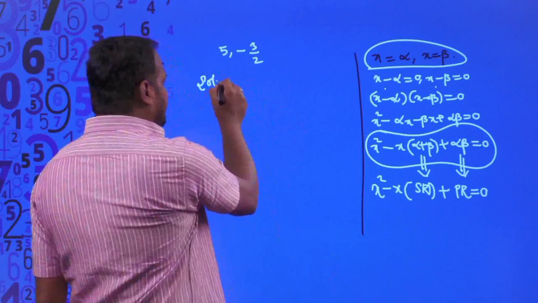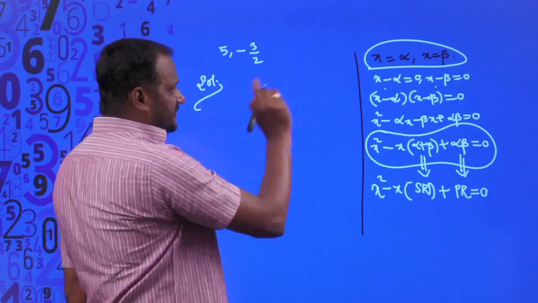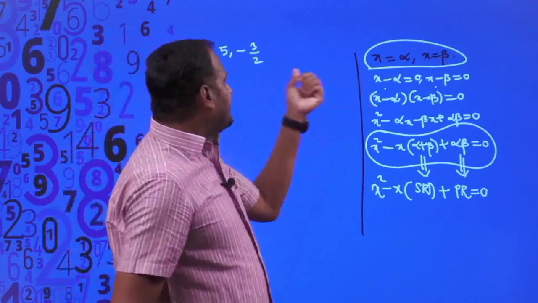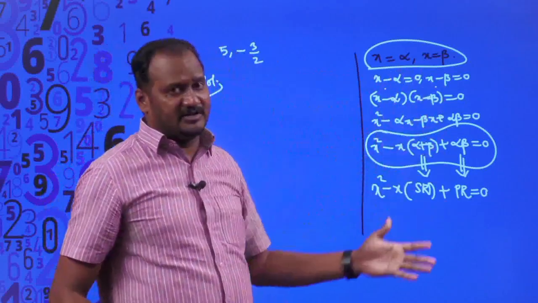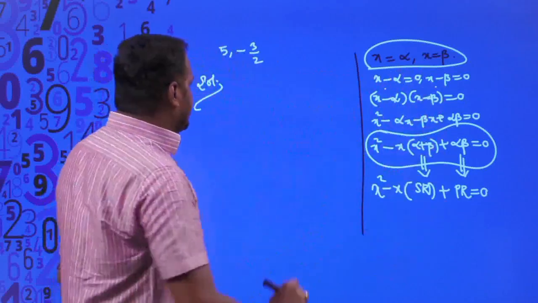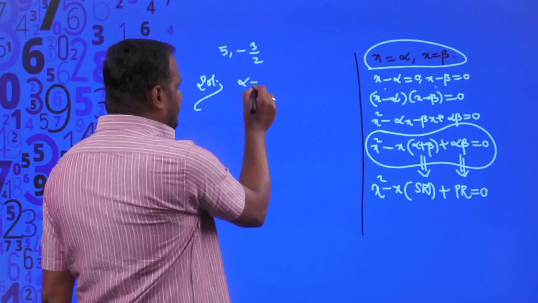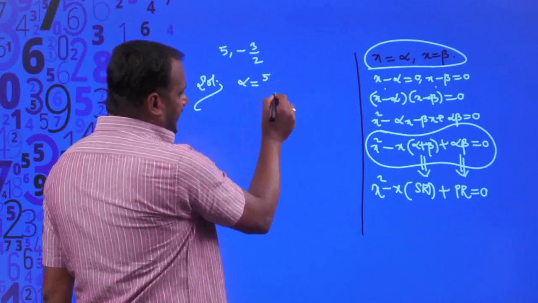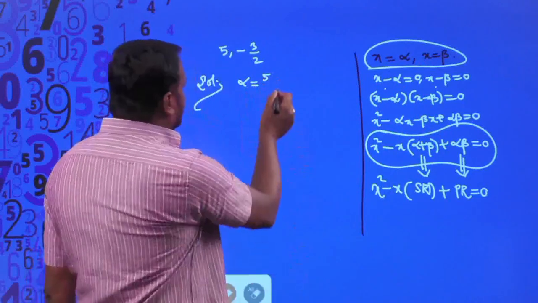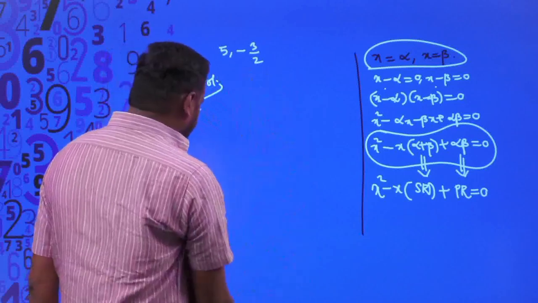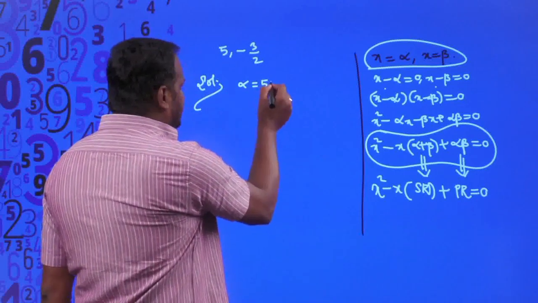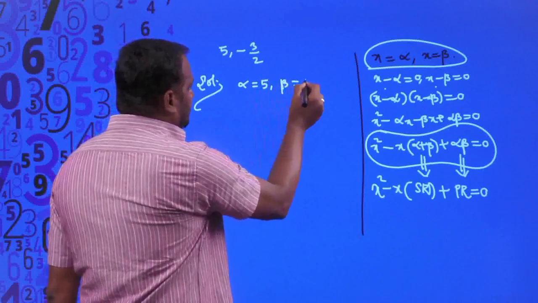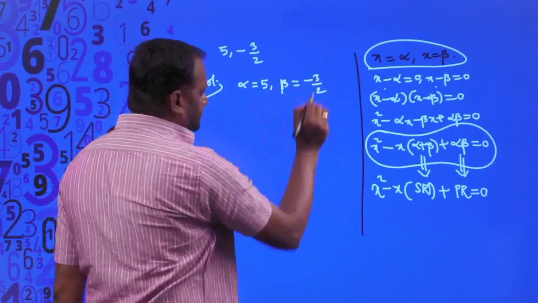5 is one of the roots. Better to compare the given roots with the letters alpha and beta, because we derived the formula in terms of alpha and beta. So one root is alpha equal to 5, and the other root is beta equal to negative 3 divided by 2.